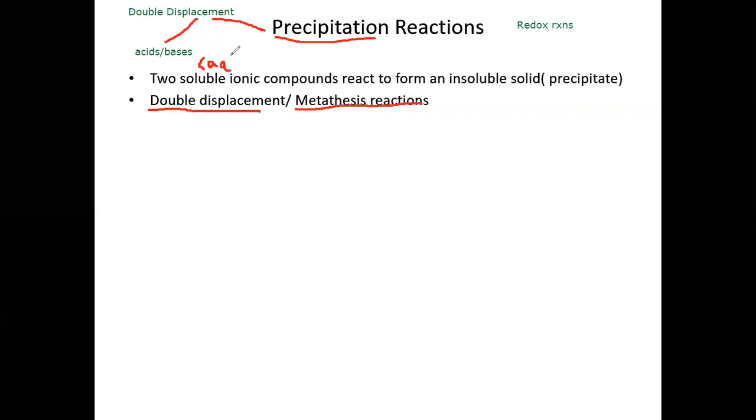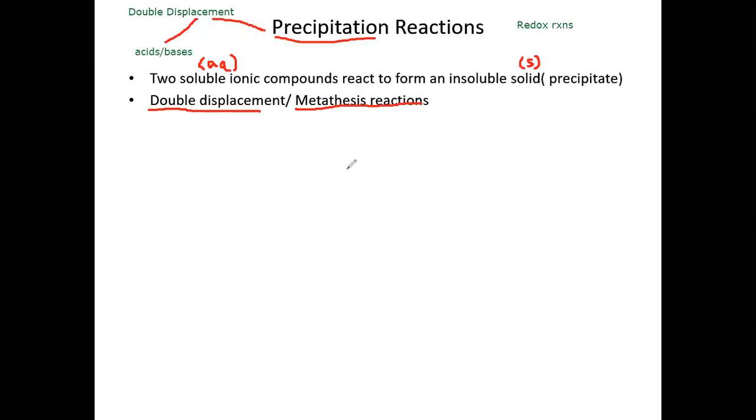So if you see a reactant with aq next to it, it is soluble. So you want to make sure both your reactants have aq. And then we're going to form at least one insoluble solid, and that one should have a subscript s. And those are the requirements for precipitation reactions. Both reactants have to be soluble, and you have to form at least one precipitate.